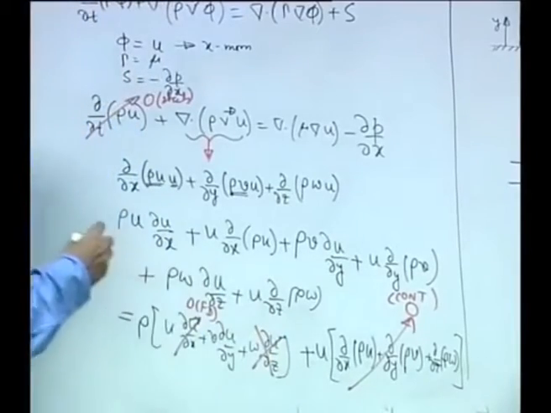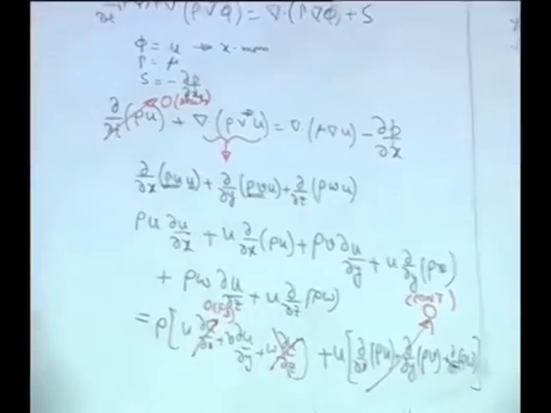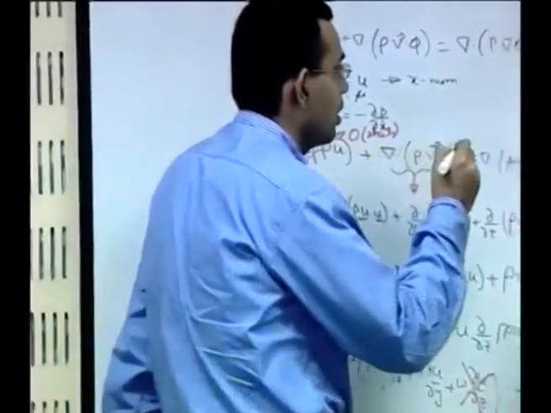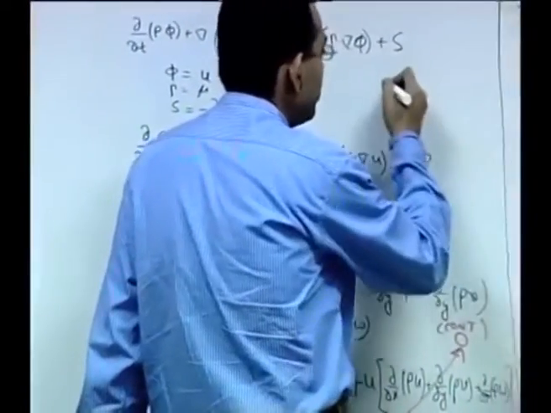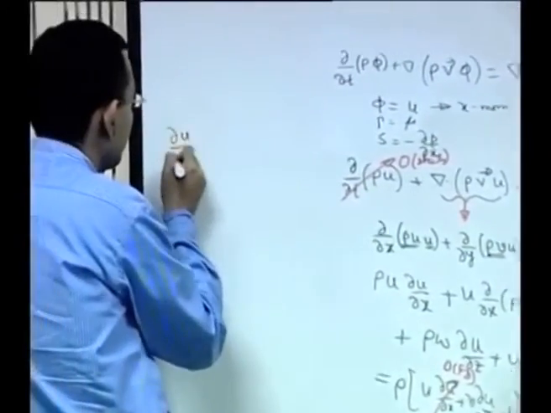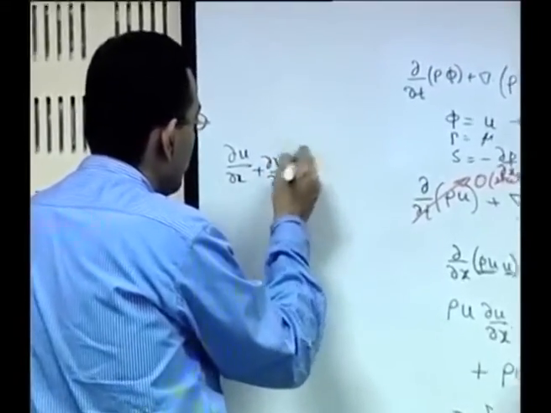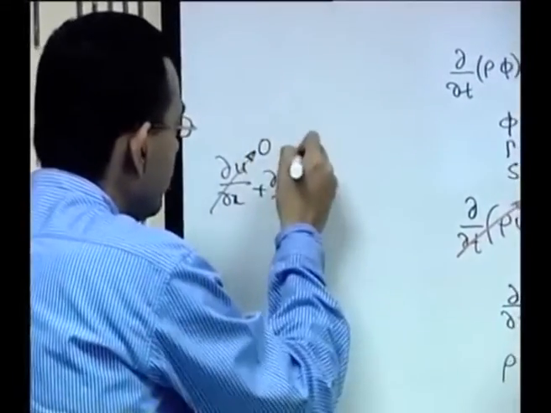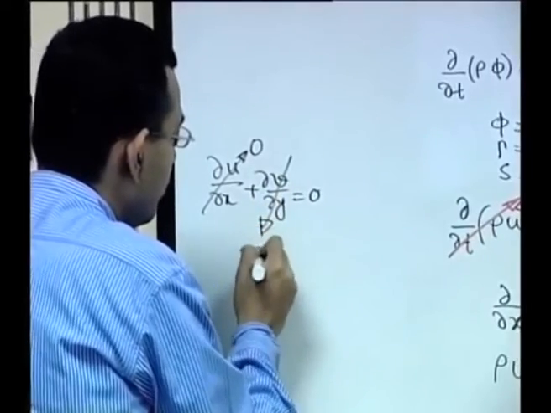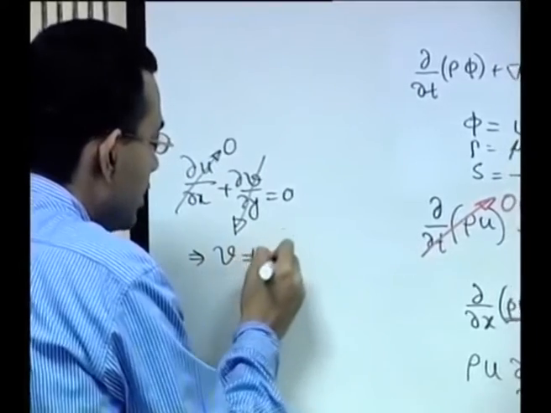If you are considering an incompressible flow, the continuity equation is even more simplified than this one. It will become... so del u del x equal to 0 means you have del v del y equal to 0, that means v is not a function of y.